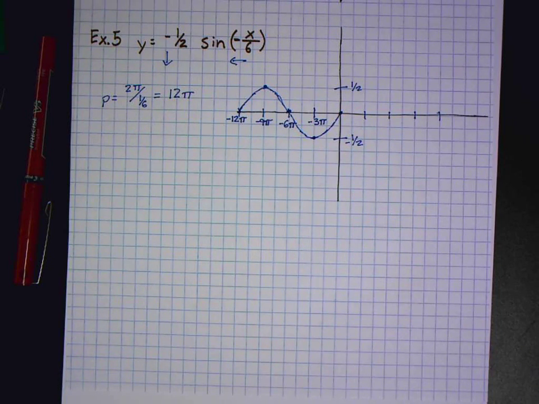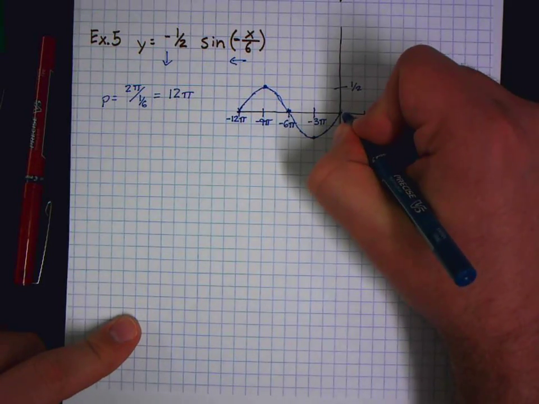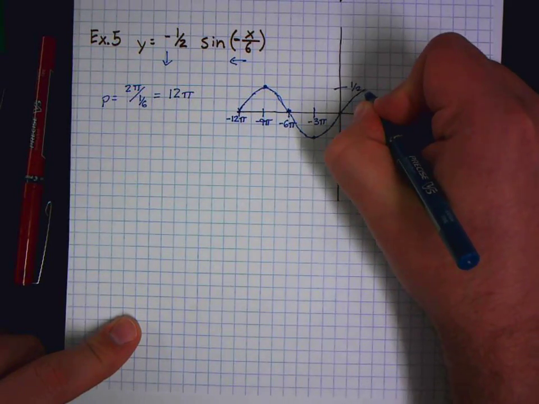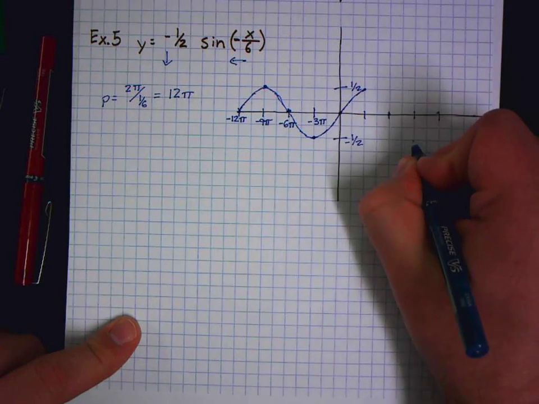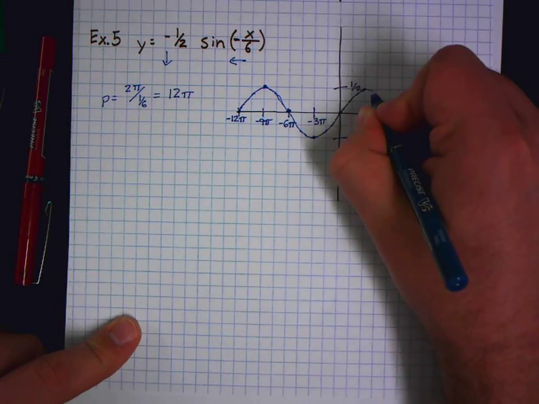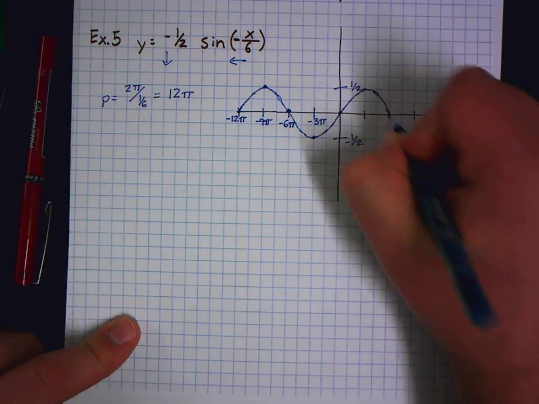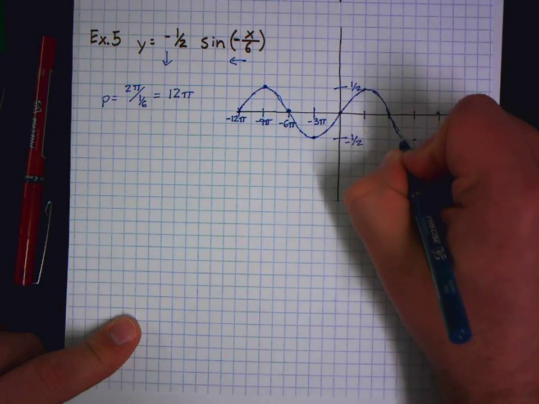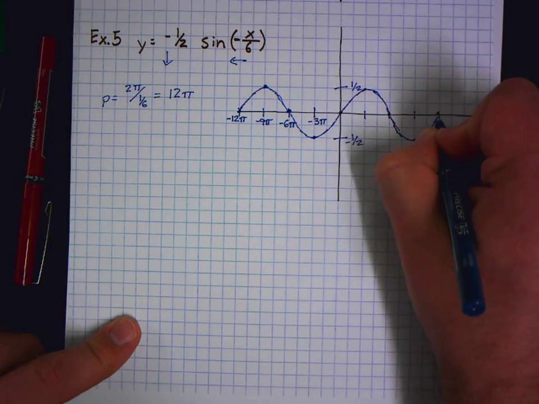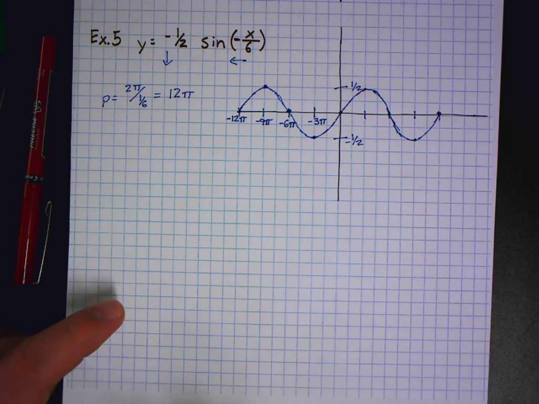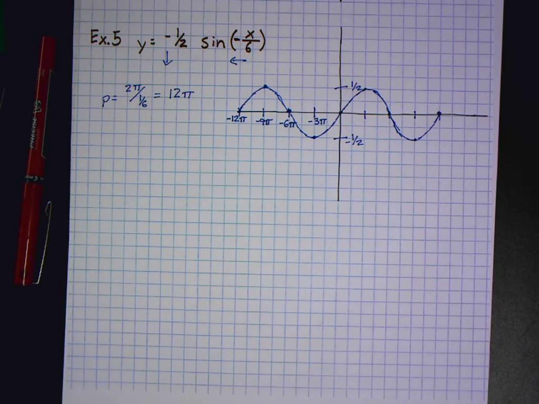Now, look, I think this is cool. Look what those negatives did. If I go in the front direction, my graph looks normal. Do you know why? Remember when we talked about even or odd functions? Is sine even or odd?